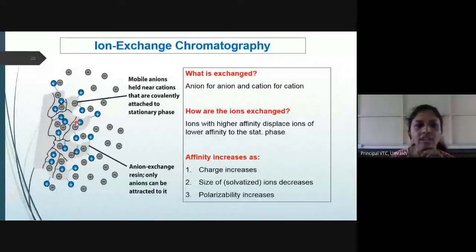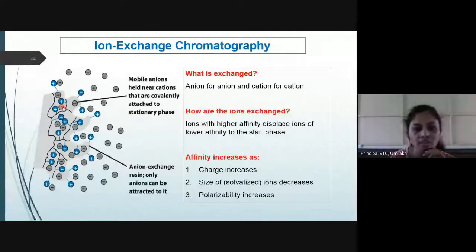When you add the sample, the counter ion will bind. Suppose your stationary phase, as shown in the figure, has positive ions, cations. When we add a sample which has negative anions, they will bind with the cations of the stationary phase and remain bonded here.